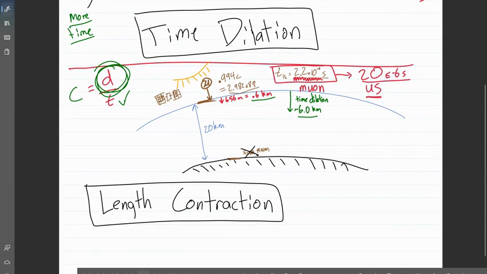Time dilation and length contraction, those are the two terms that you have to know. You have to know that when you're moving, time feels like it's moving slower to someone else who's watching you. Length contraction means when you are moving quickly, distances appear shorter than they appear for someone else who's watching you move.